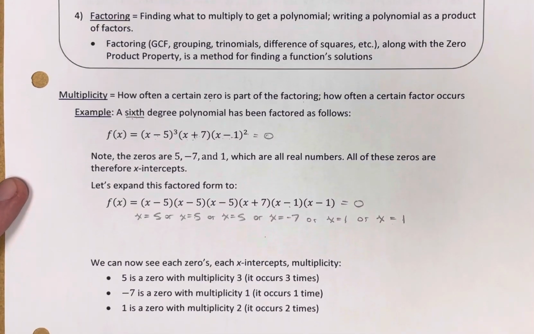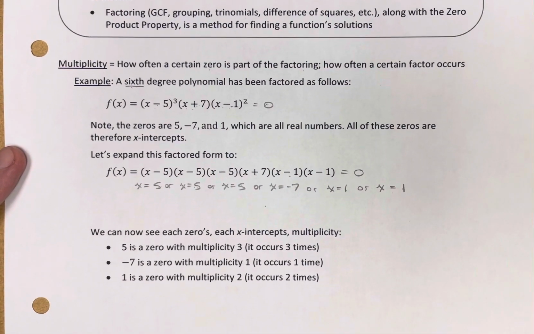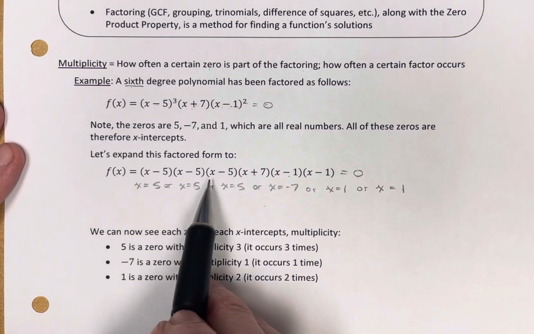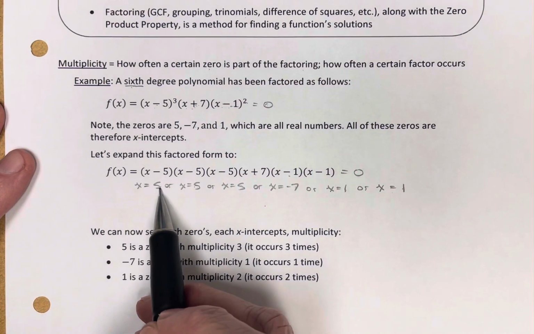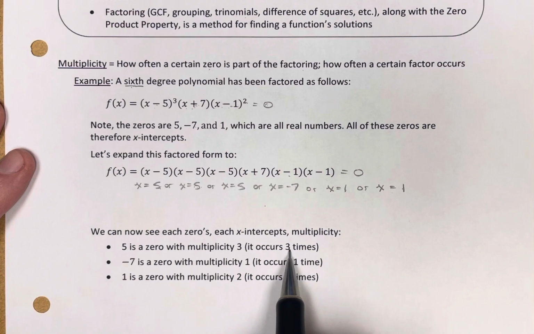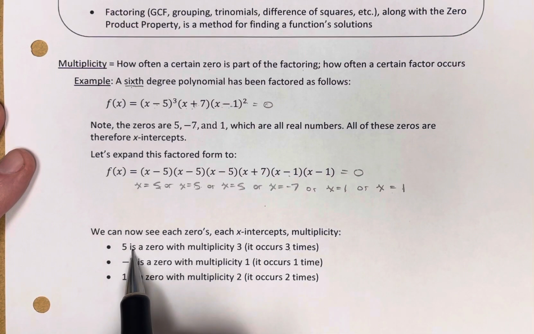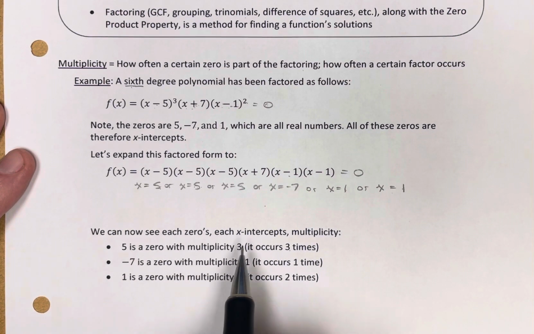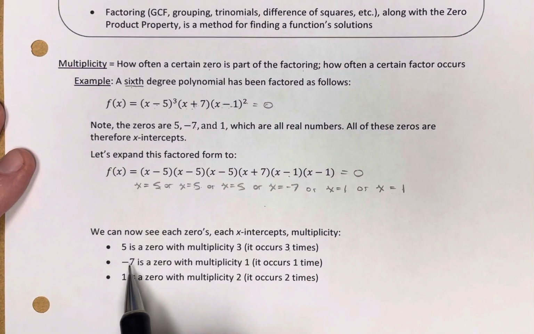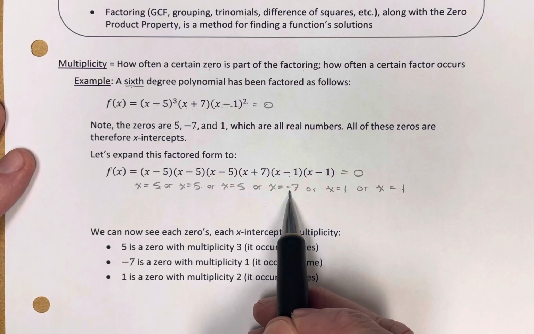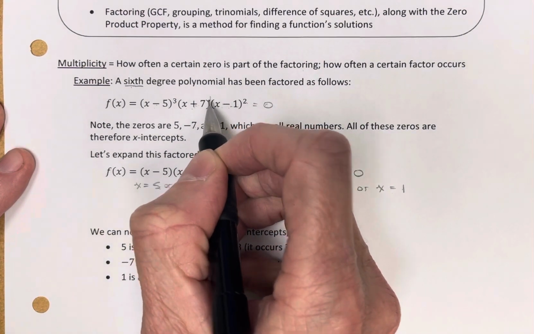We can now compare the exponent, the number of times the 0 occurs, with its multiplicity. So the 5 occurs 3 times, therefore it has multiplicity 3. The exponent being 3 right up here. The -7 occurs 1 time, and there's an exponent right there of a 1.